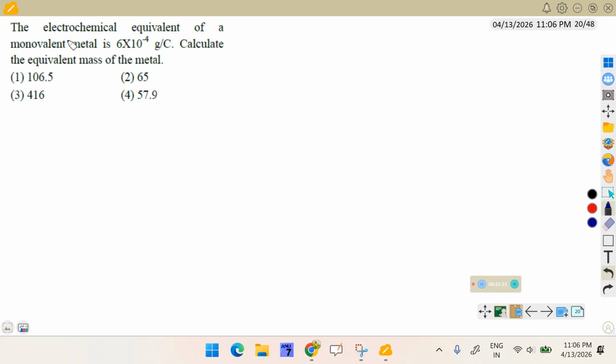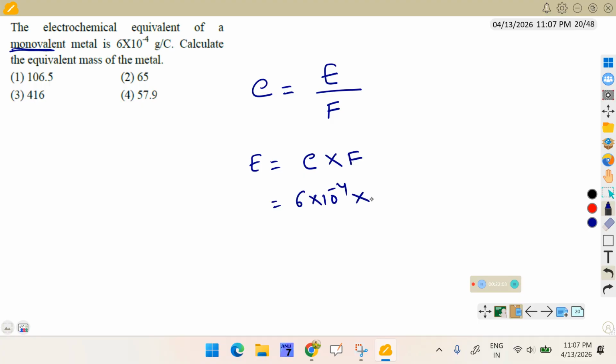Electrochemical equivalent of a monovalent, n factor value equal to 1, is 6 into 10 power minus 4. Calculate the equivalent mass. Electrochemical equivalent is indicated with a small e. e is equal to equivalent weight by Faraday. Equivalent mass is equal to electrochemical equivalent into Faraday, 6 into 10 power minus 4 into 96500.